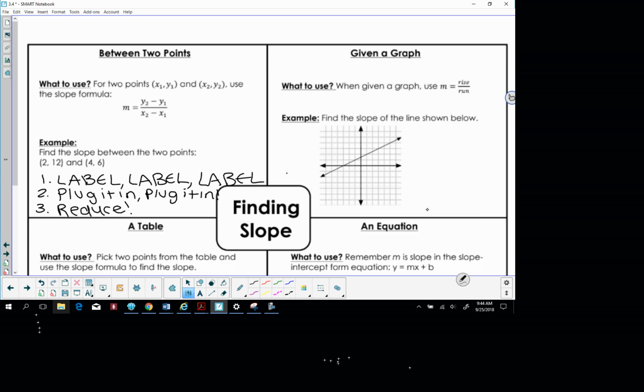When you're done, you're going to write those 3 steps that are up here under the first box, on your own notes.